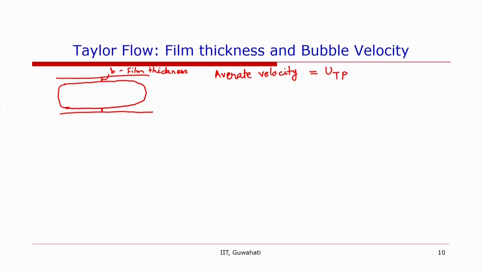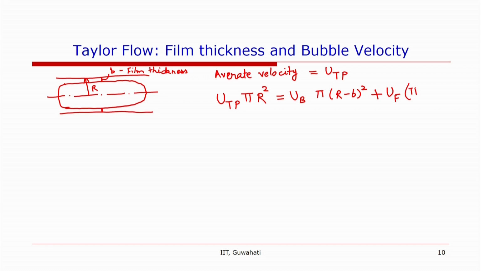So if we use that relationship here and draw, let us say, the channel, radius is R, then we have UTP into pi R squared is equal to U of bubble into pi R minus B squared plus UF, which is flow in the film, into pi R square minus pi R minus B squared.